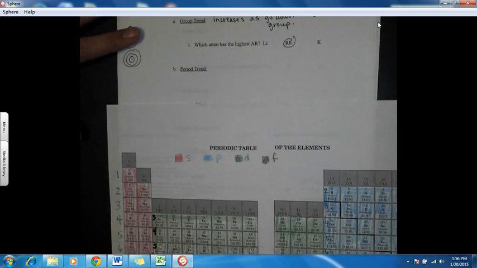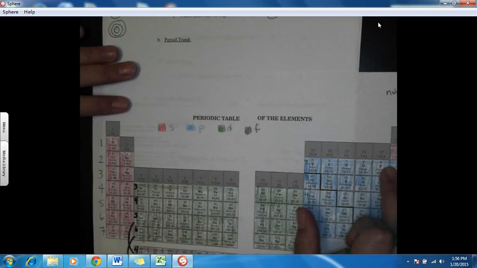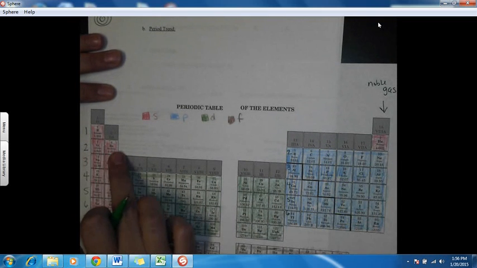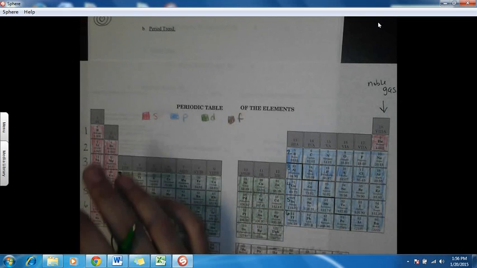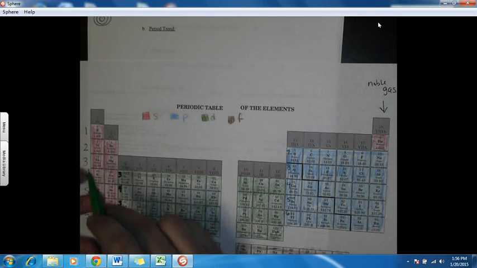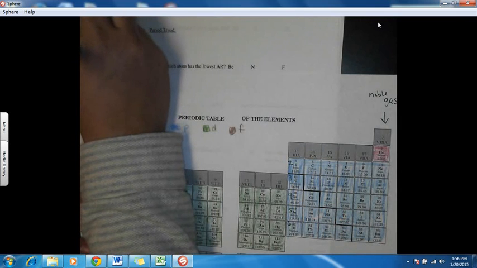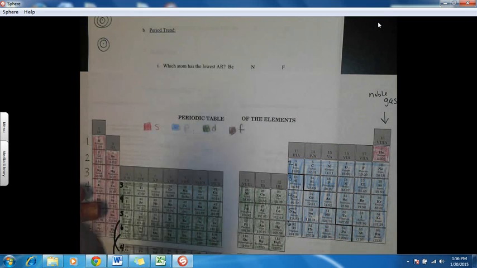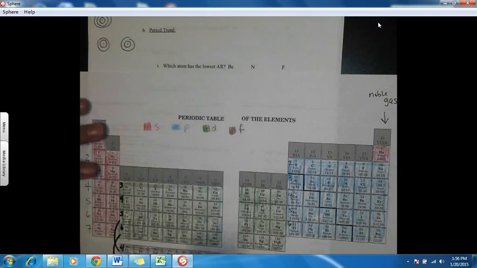Now the period trend. What happens as we move across the period? Well, as we move across the period, we're adding more electrons into the same energy level. And so what happens is, for example, lithium has 2 energy levels, and beryllium also has 2 energy levels, right?